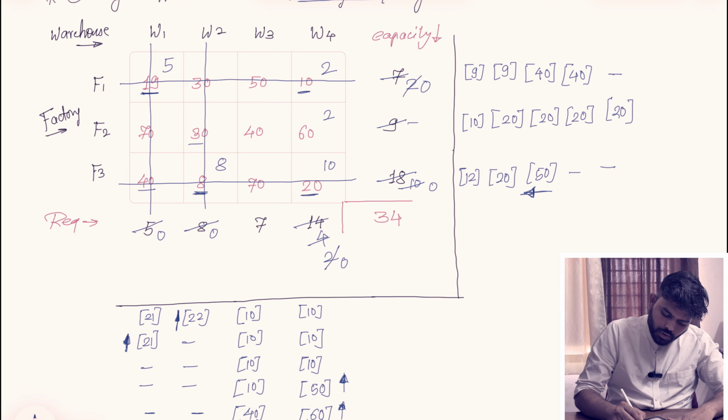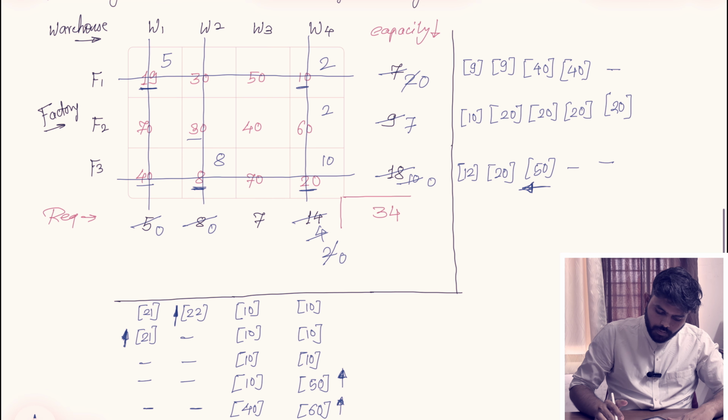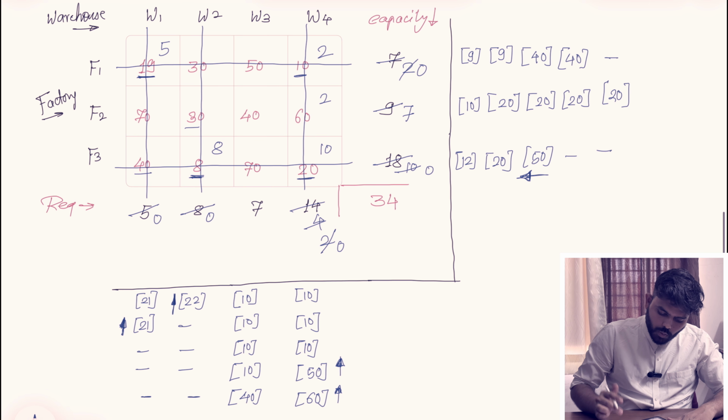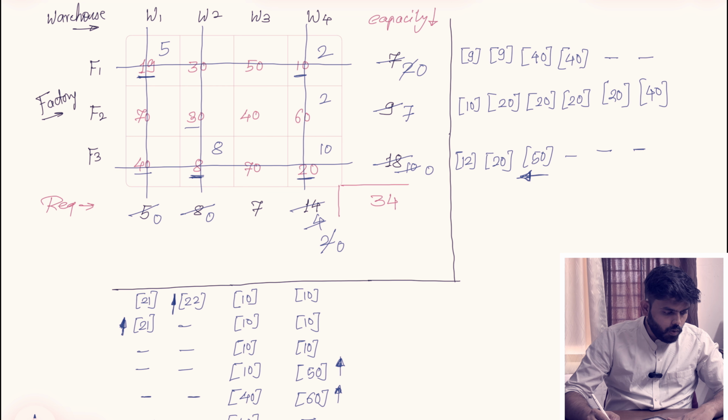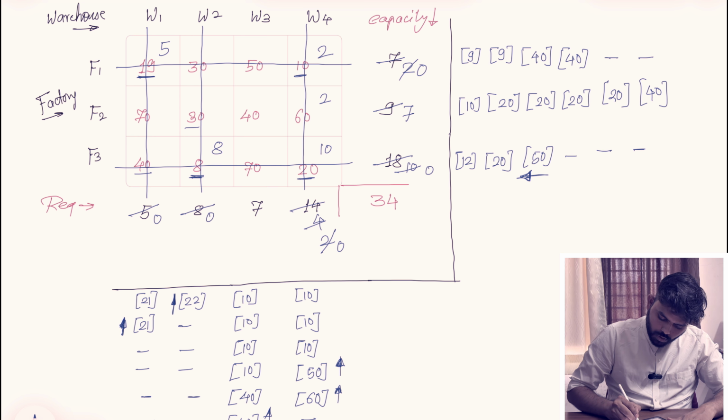This 2 will become 0 and this will become 7. And now finally we have only one cell value. So the penalties will be dash, dash, 40, dash, dash, 40 and dash. Now we will enter at this 40. The allocation will be 7, so it will be 0 and 0.